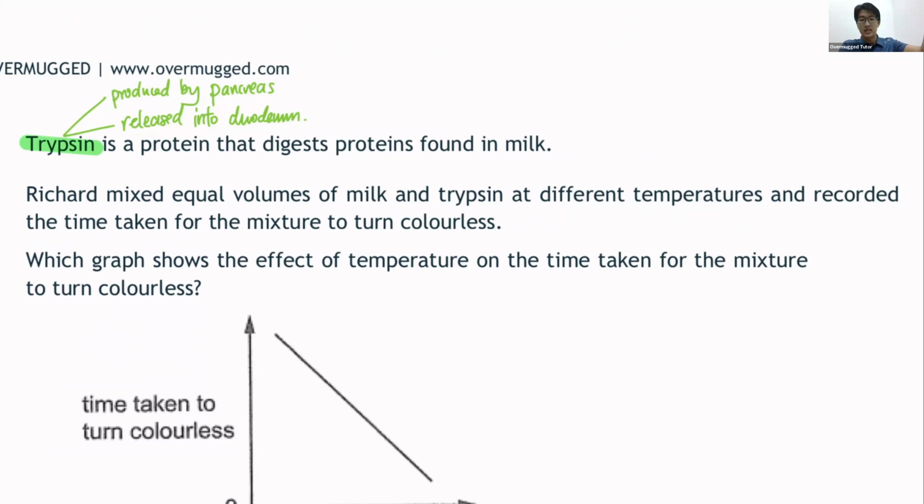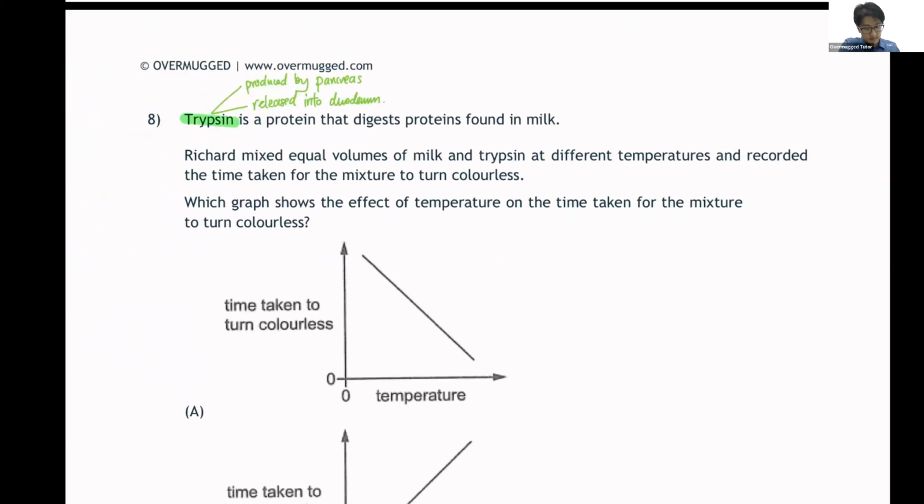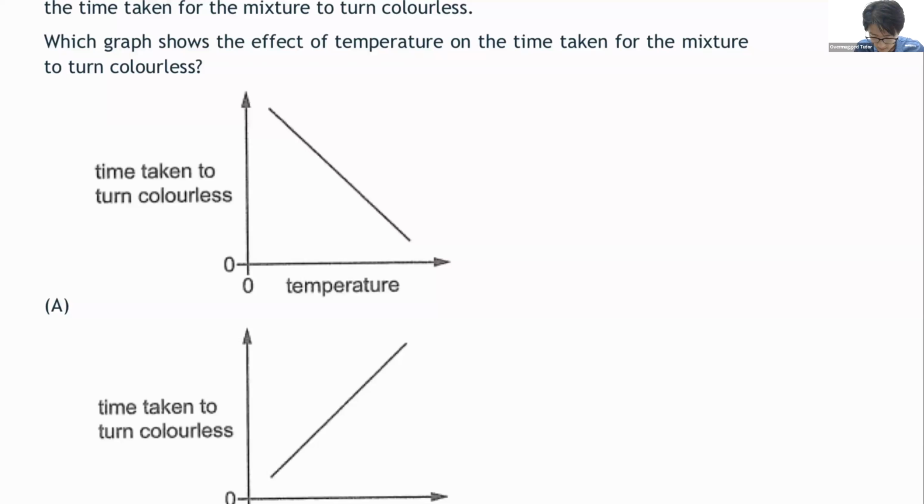Here, we are looking at the time taken for the mixture to turn colorless. So here I want you all to recall the enzyme activity temperature graph and the enzyme activity pH graph. Which one is the pH graph?